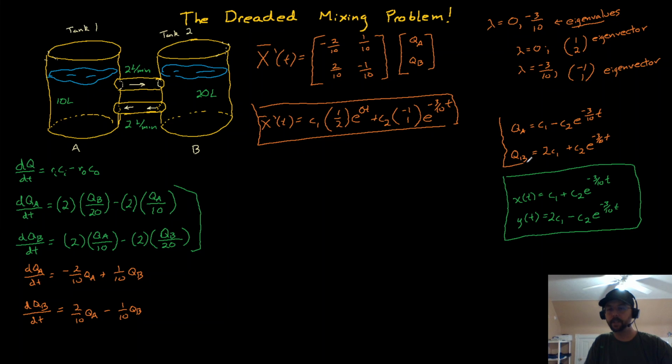So both of these are solutions to our equation, where I have x of t equals qa of t, y of t equals qb of t. Those are equivalent. So these are both answers to our system of differential equations solved using two different methods.